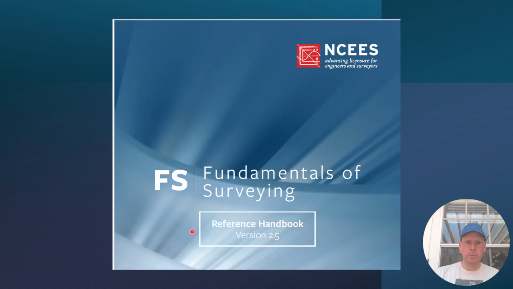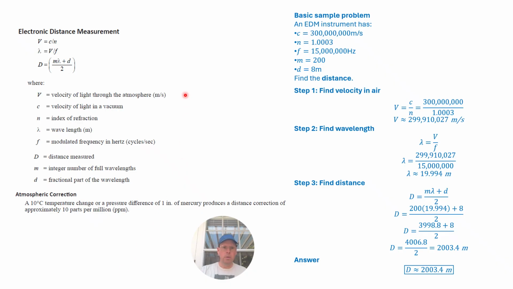And let's go back to our reference book now and go to the next equations that come up. And you get these electronic distance measurement formulas that come up here. You know, it's velocity of light through the atmosphere, the velocity of light in a vacuum, index of refraction, wavelength, modulated frequency, distance measured, integer number of wavelengths, fractional part of wavelength.